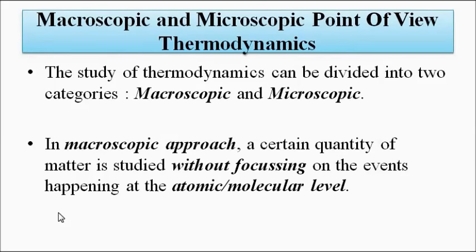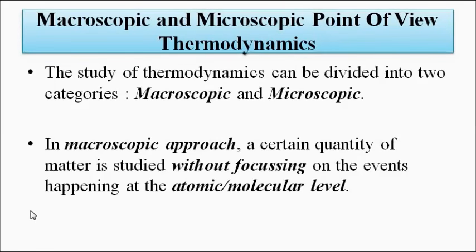So in the macroscopic approach, a system is studied as a whole from what we can look at, from what we can feel or perceive. The atomic and molecular events are neglected.